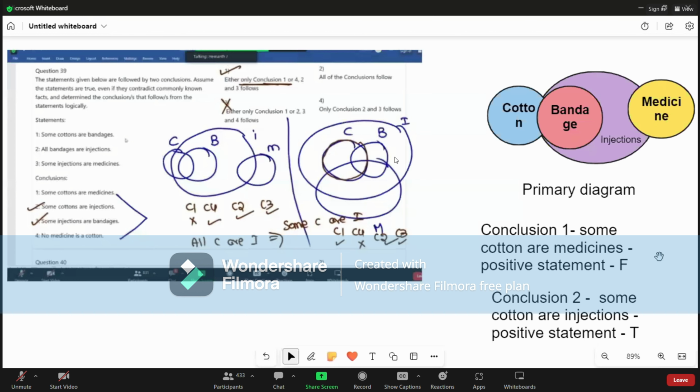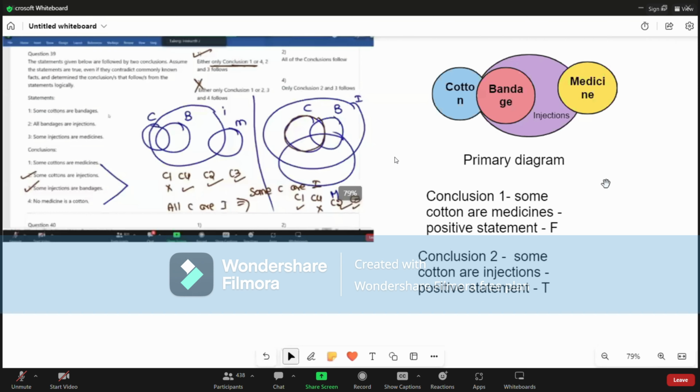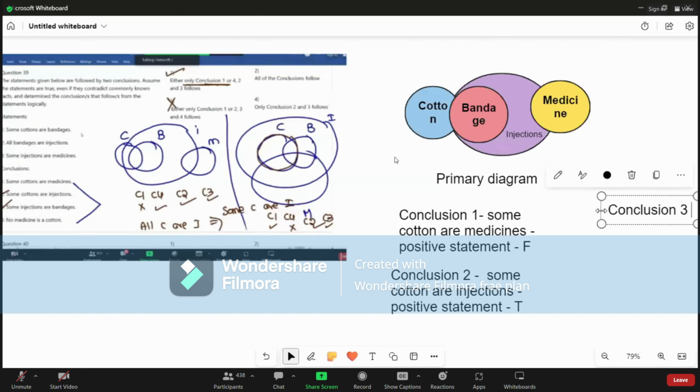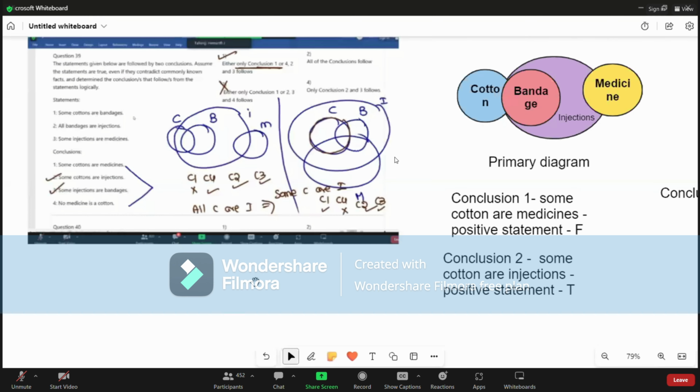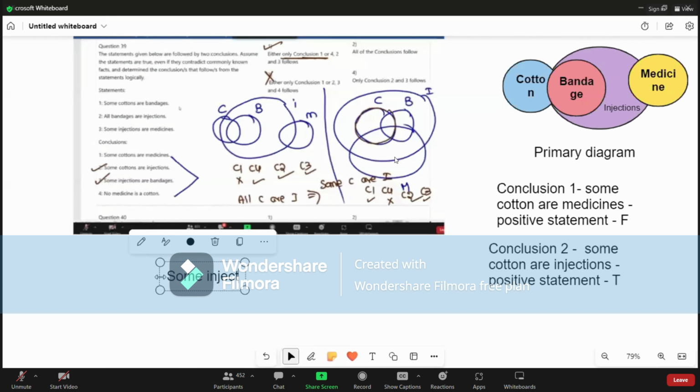Now we are left with conclusion 3 and conclusion 4. Now let's come to conclusion 3. What is it? Bandages is the conclusion 3. Okay, now let's check.